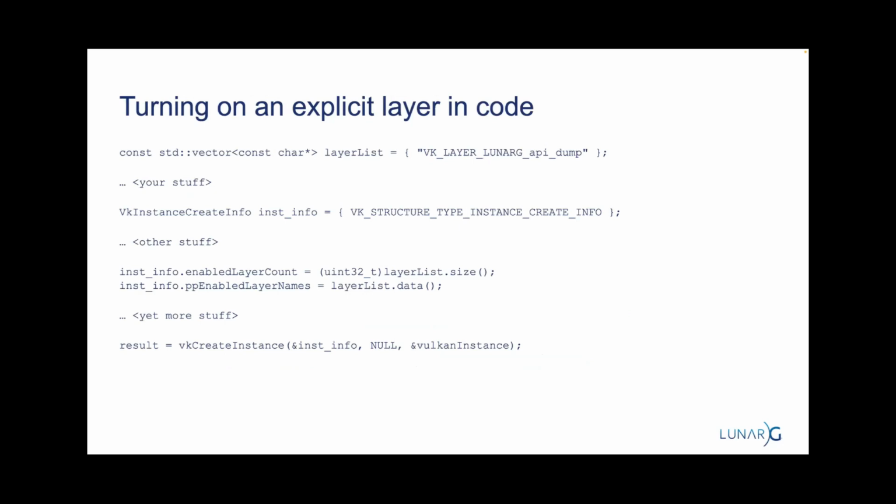And it will find that layer and load it. Now, if the layer is not there, the instance won't create, by the way. You'll get an error code, which, if you follow it into the headers, is layer not found. So make sure you turn this off in shipping code if you're doing validation, or make sure you've left it on if you're doing some sort of emulation or something else using a Vulkan layer.